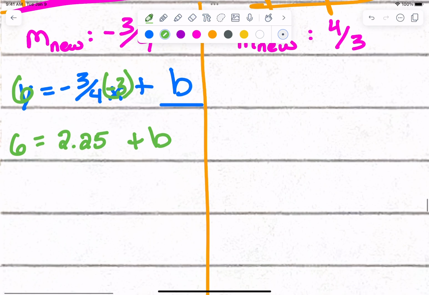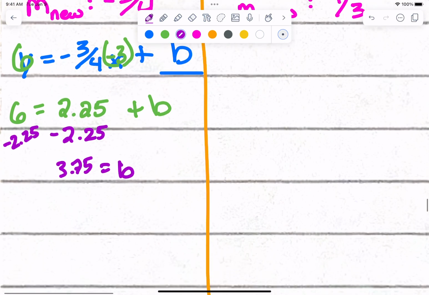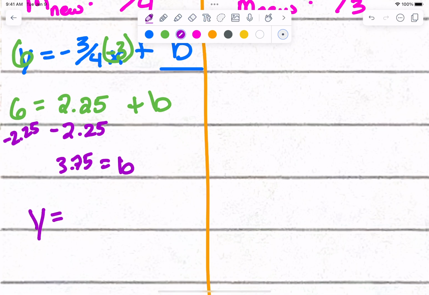Now, what do I do to solve for b? Minus 2.25. What is 6 minus 2.25? It's 3.75. So, final answer, what's the equation gonna be? y equals negative 3/4 x plus 3.75, perfect. That's my parallel line.